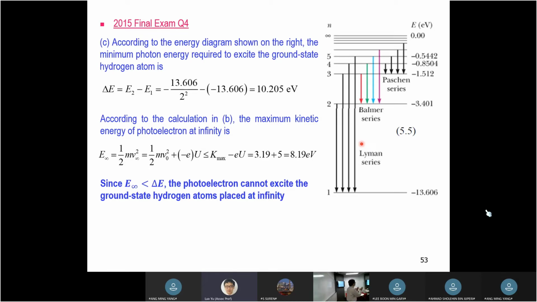But the photon must exactly match. I said this many times. Photon and electron are different. So when you are doing the final examination, do look at whether I use the photon to excite the hydrogen atom or electron to excite it, and then you have to think of these two differently.